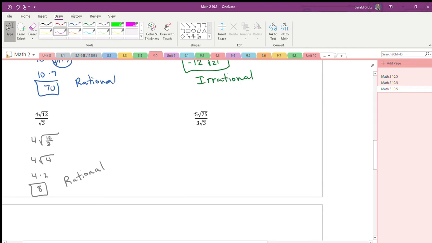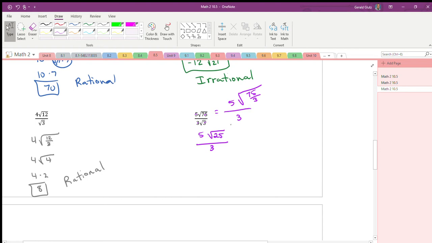Finally on the last one, so first thing I want to check, can the whole numbers be simplified in this fraction? No, they cannot. Can the two square roots be simplified? Yes, they can. So I'll have 5 times the square root of 25, still divided by 3. So what I did here, this is 5 times the square root of 75 divided by 3, all divided by 3 still. 75 divided by 3 is 25.